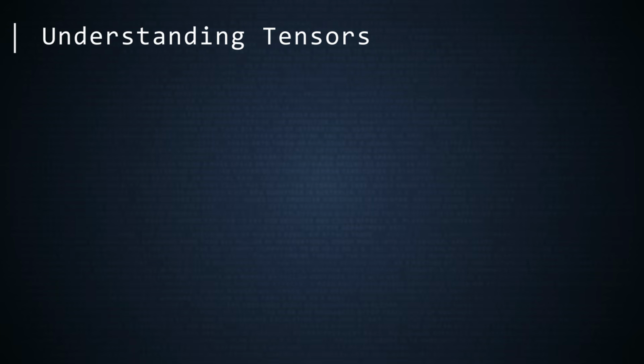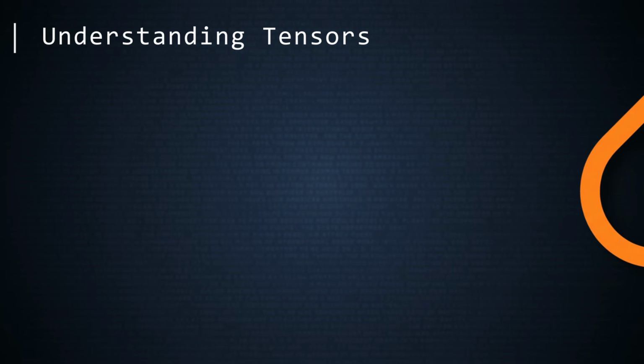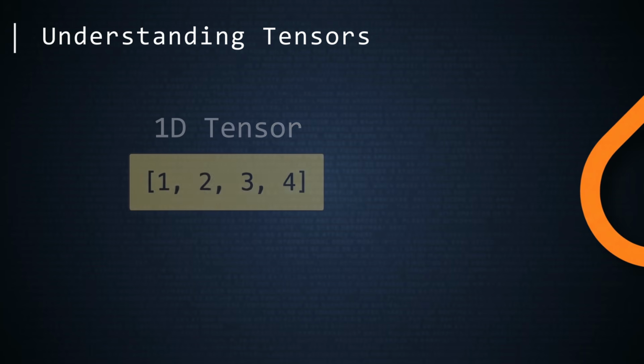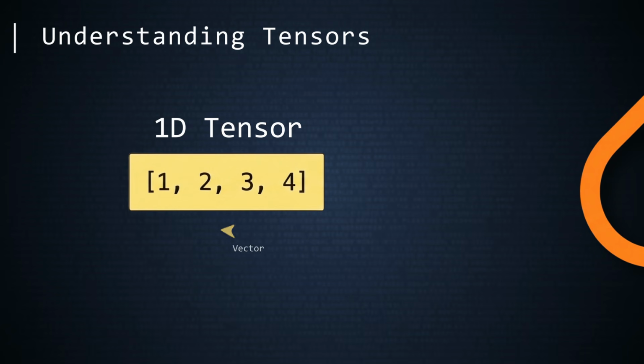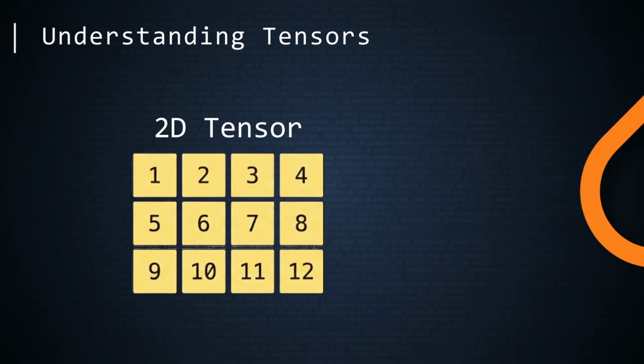The tensor is the primary data structure in PyTorch. It is a generalization of the matrix, extending naturally to higher dimensions. Let us systematically review these structures. A one-dimensional tensor is a vector, a list of numbers. A two-dimensional tensor is a matrix, rows and columns of data.